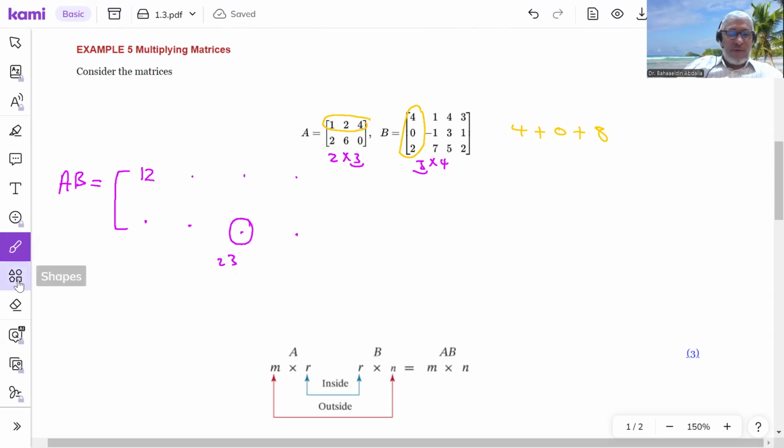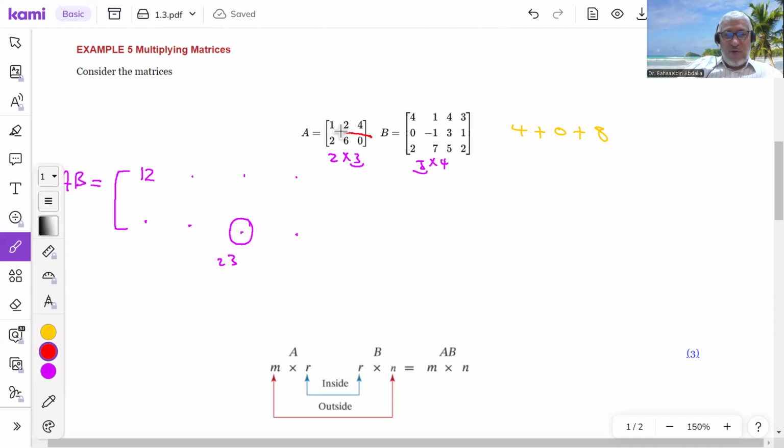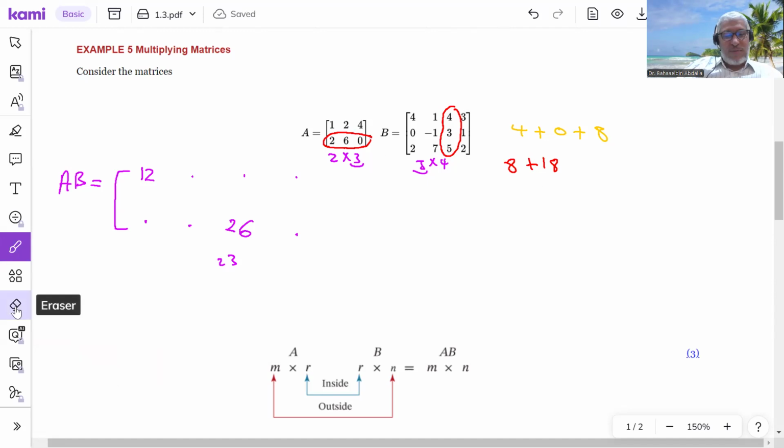If you want to find this number, you need to multiply the second row of A by the third column of B. 2 times 4 is 8. 6 times 3 is 18, and 0 times 5 is 0. 8 plus 18 is 26. So this number is 26.